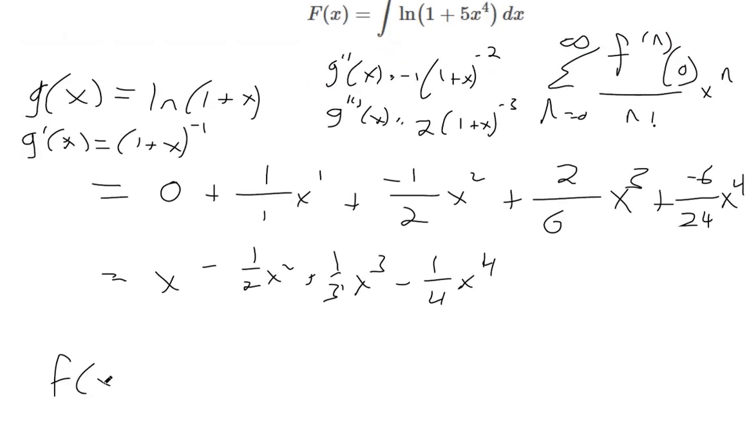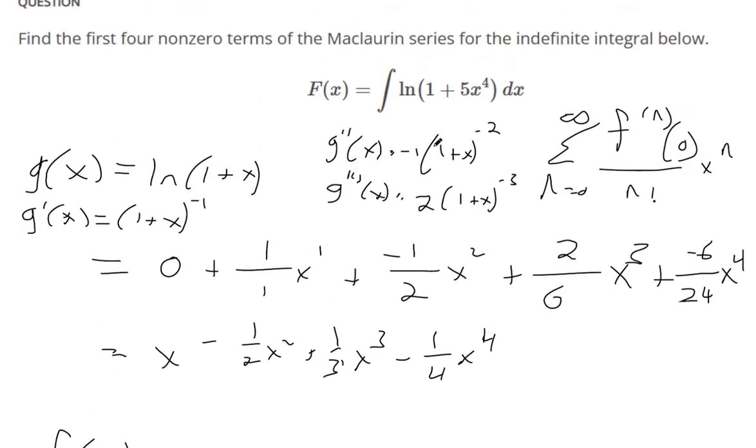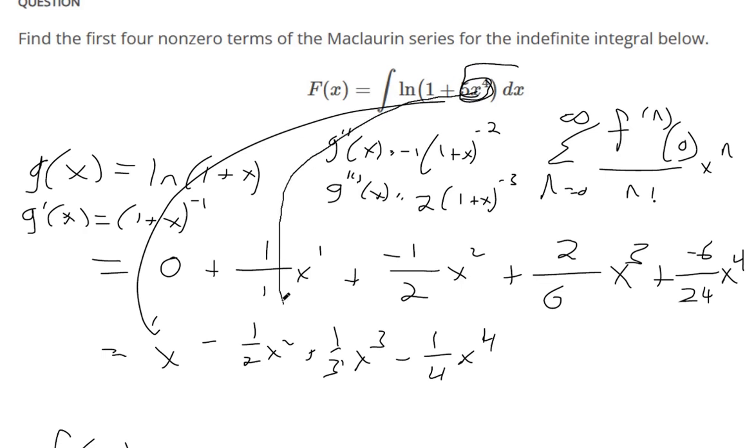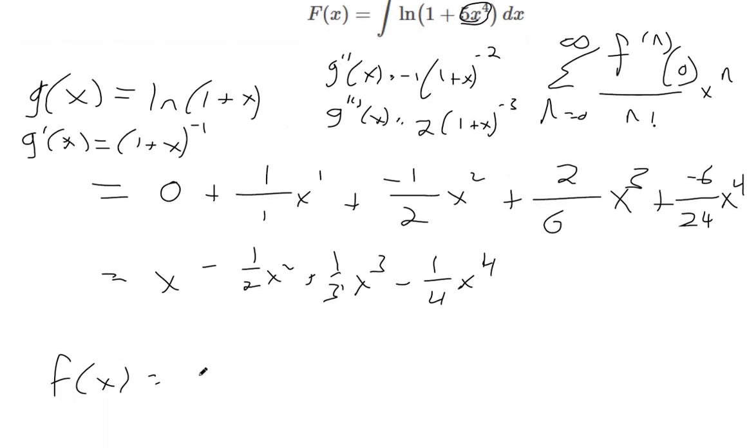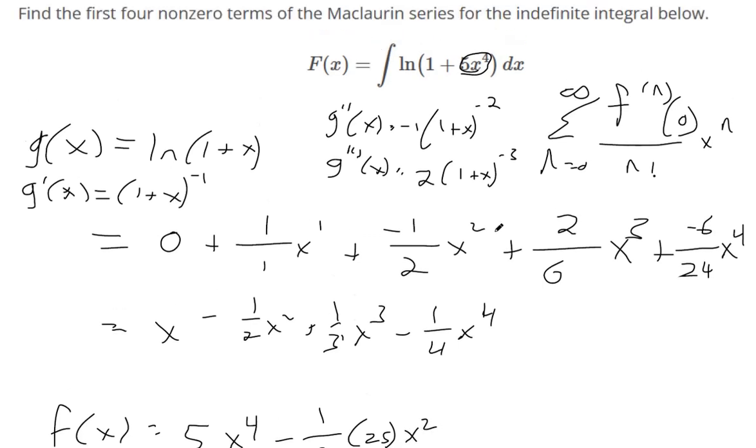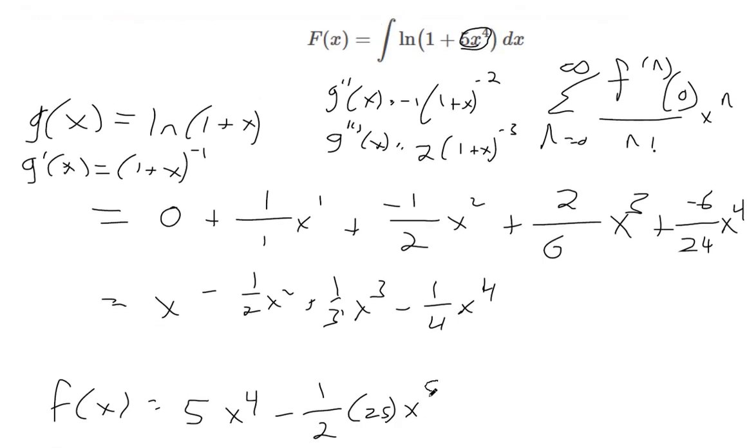We wanted f of x. That's just substituting 5x to the fourth everywhere we see an x, because our original expression was 1 plus x. If you plug this in for x, it's the same as plugging it in for every x you see down here. So the terms are 5x to the fourth minus 1/2 times 5 squared, which is 25, and x to the fourth squared, which is x to the eighth.